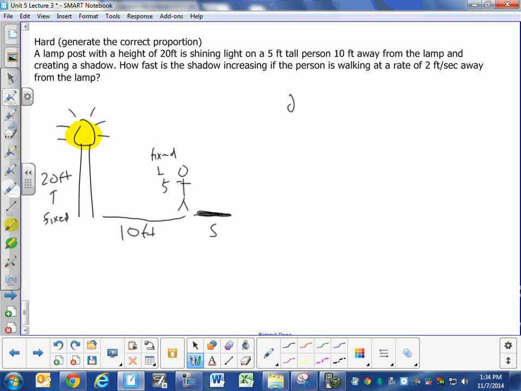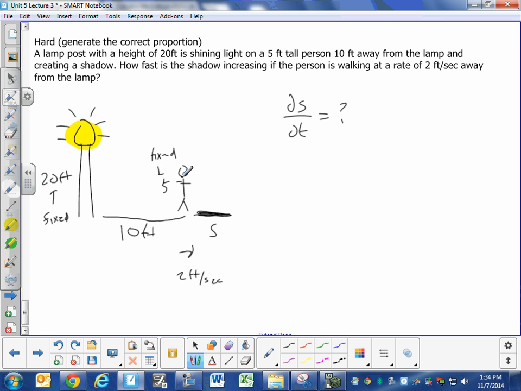So what is the dS dt, the change in the length of the shadow, if the person is walking away at a rate of 2 feet per second from the lamp? So this dude is moving at a rate of 2 feet per second away from the lamp. So the shadow is going to be increasing.